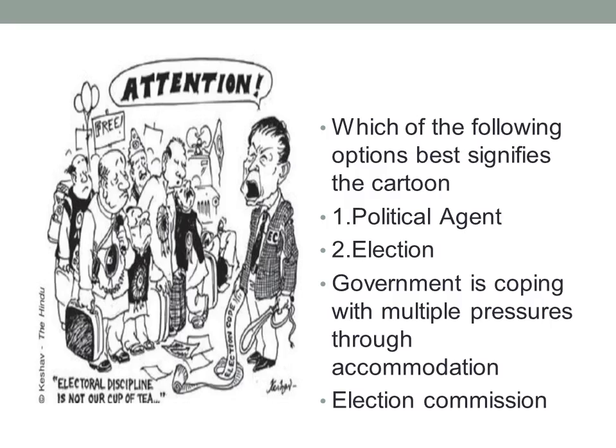So you will understand that the person who is shouting attention is trying to discipline the people in front of it. Now, people in front of it are having different symbols with them or something. So they may represent the political parties. So what the political parties are saying is that electoral discipline we will not accept.